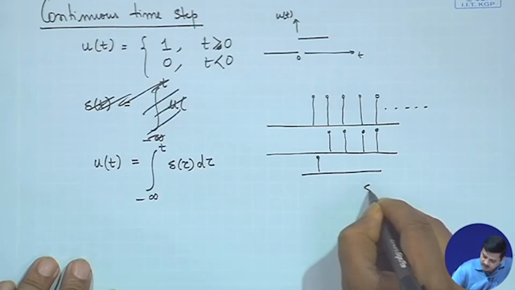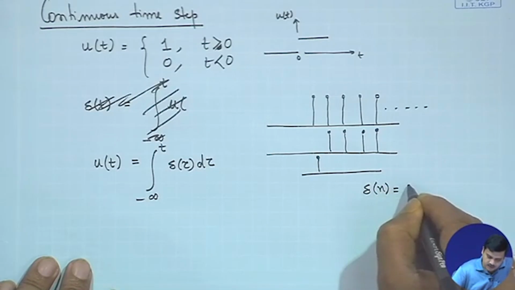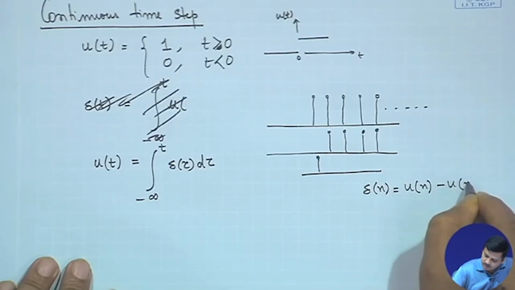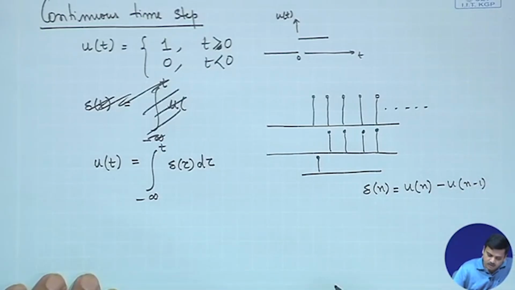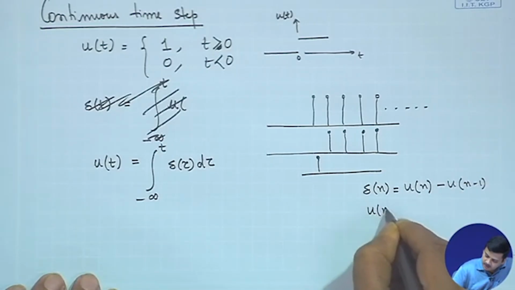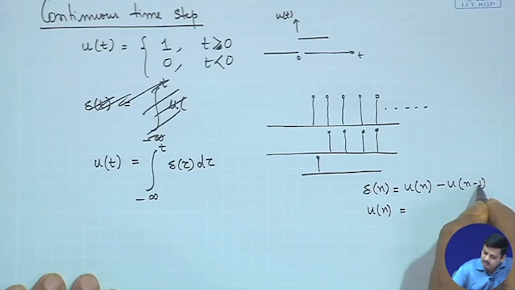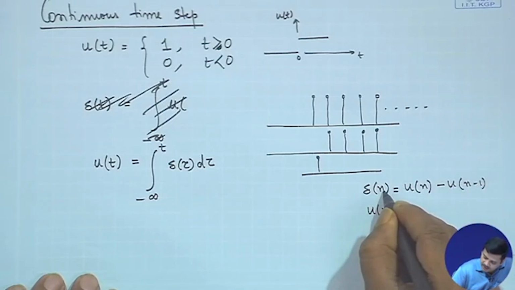And you could represent delta of n is equal to u of n minus u of n minus 1, or you could say that u of n is equal to delta n plus u of n minus 1, which you could write as delta n.